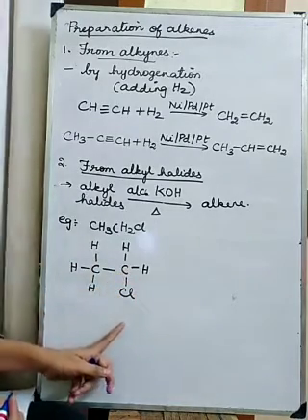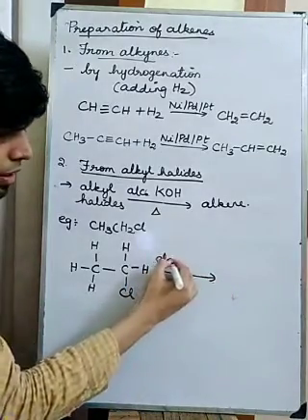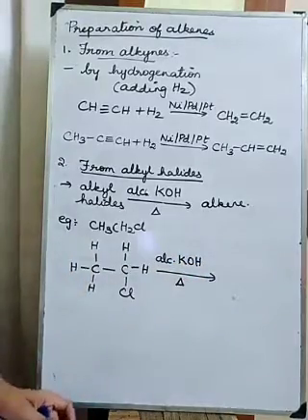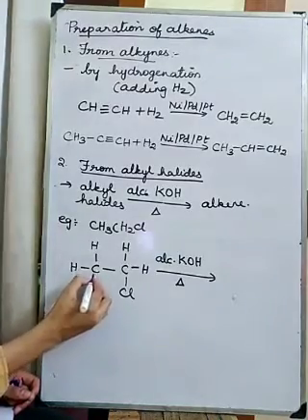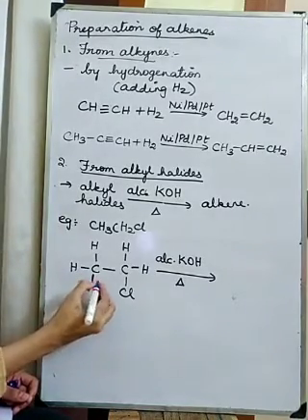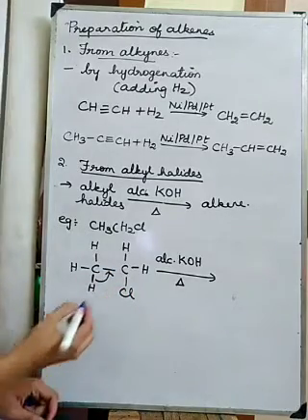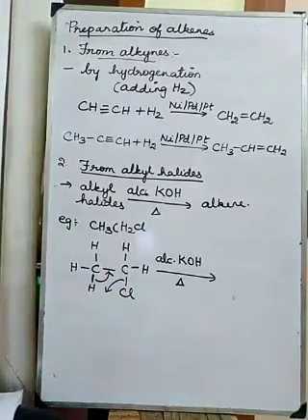CH3 CH2 Cl. I am going to treat it with alcoholic KOH, and I am going to heat. What will I get? See here, this bond will shift here, and this bond will shift here. So what will I get?